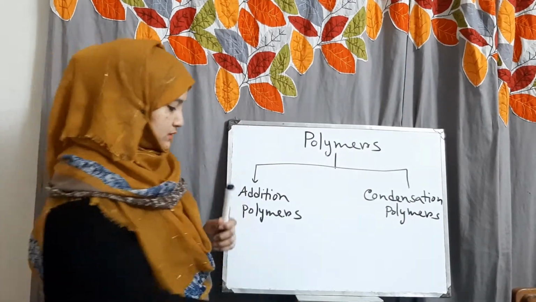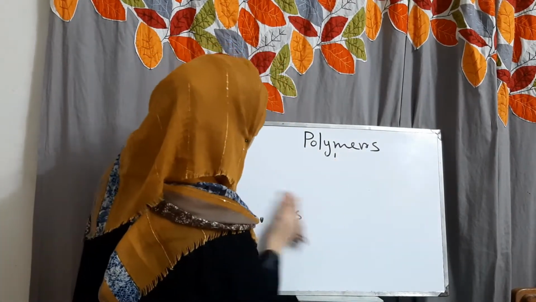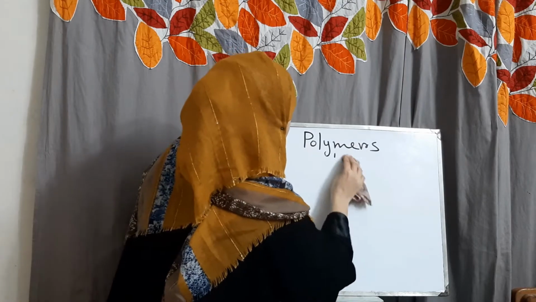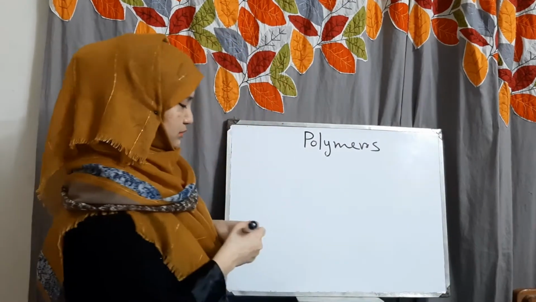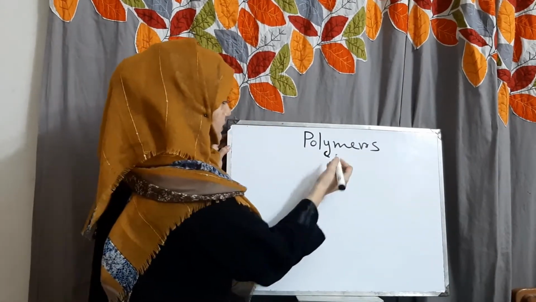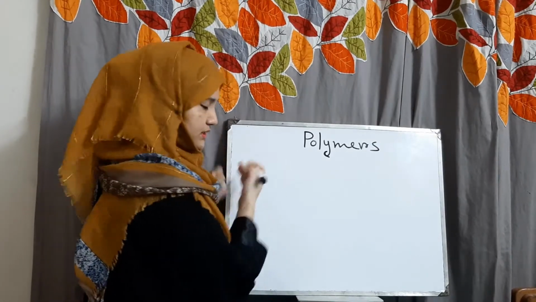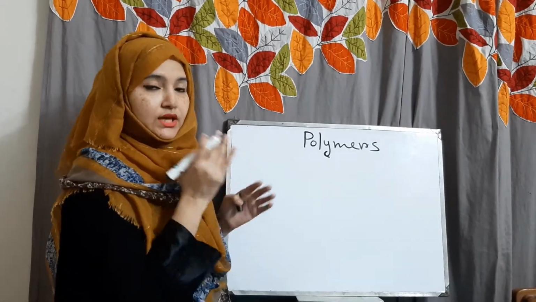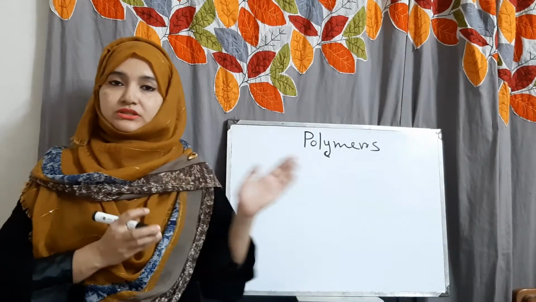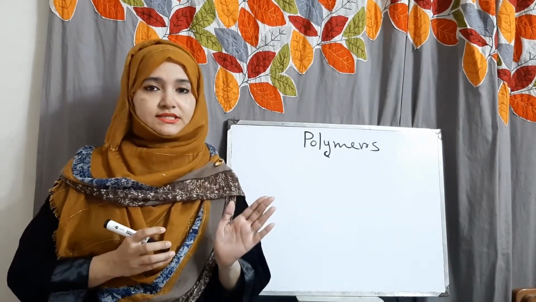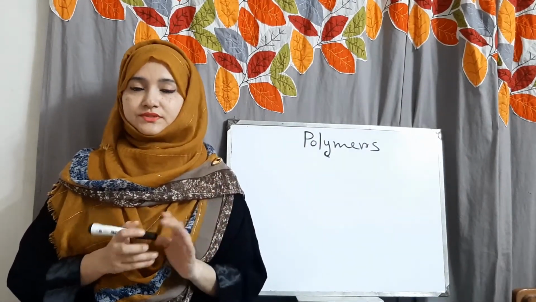Okay, then we take an example, which will be discussed here. We can take ethene, and generally alkenes and their derivatives.